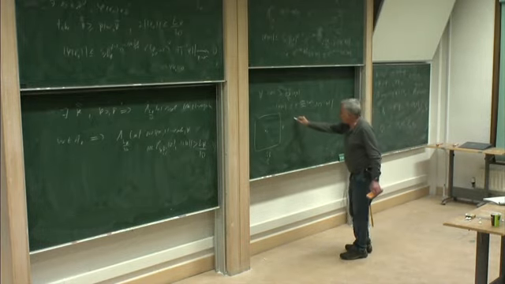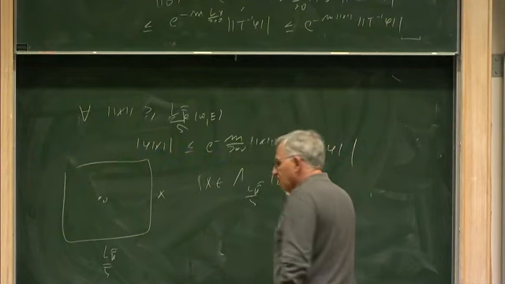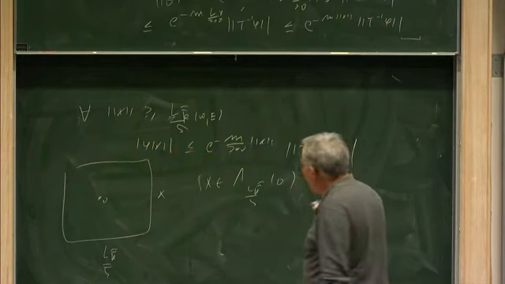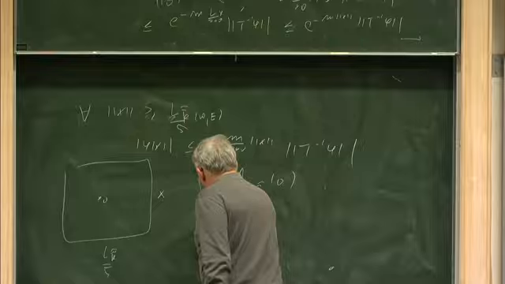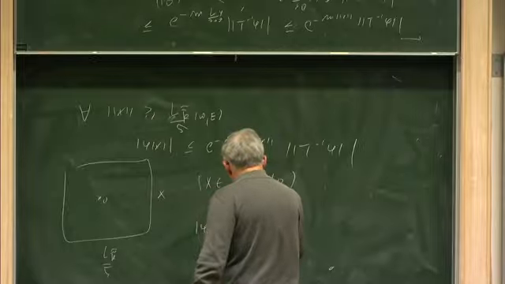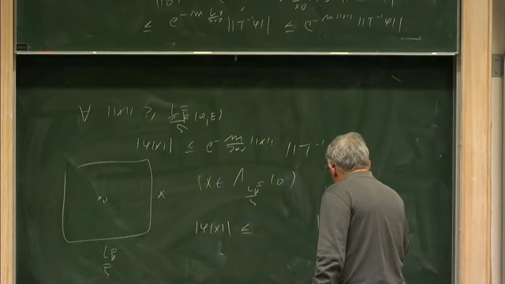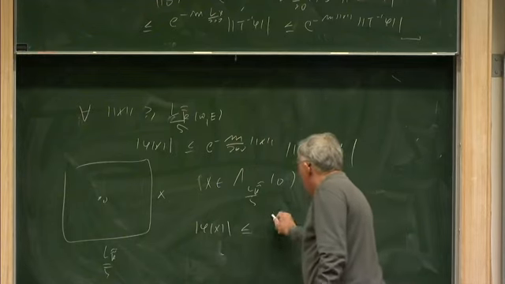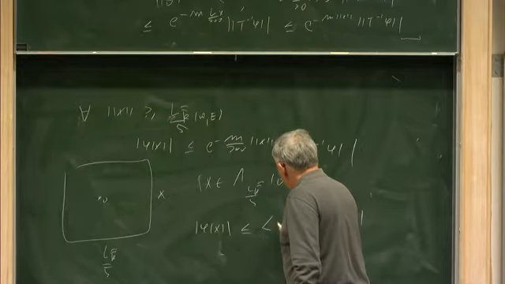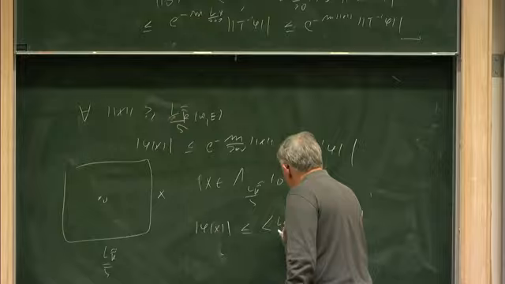So now let me take x to be actually inside this box where I don't have the estimate. What can I say? Phi of x, if you look at what that is, I can put this at that value, but I have to make the correction. And the correction is going to be smaller than whatever this is.